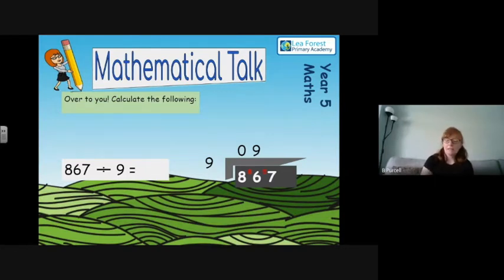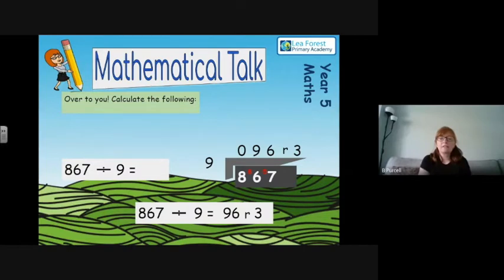And then 57 divided by 9 should give me 6. 6 times 9 is 54. The difference between 54 and 57 is a remainder of 3. So 867 divided by 9 equals 96, remainder 3.